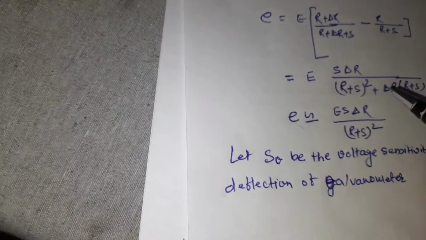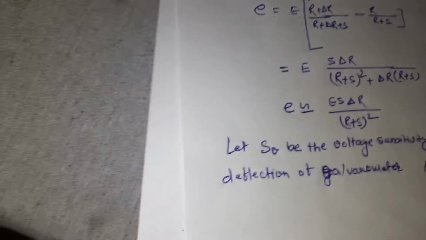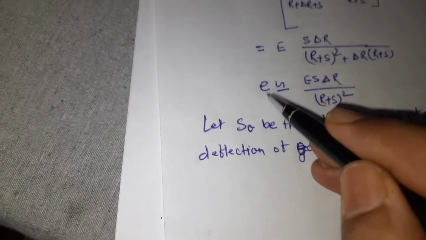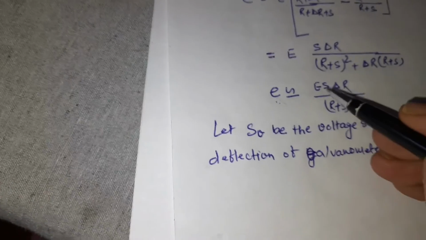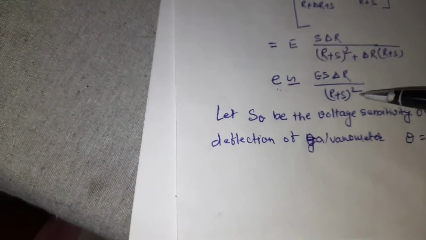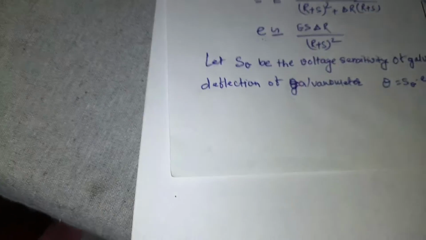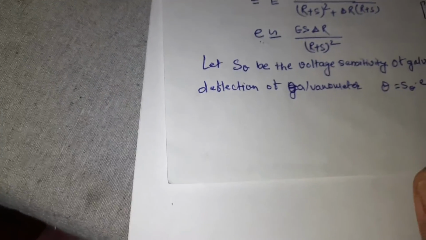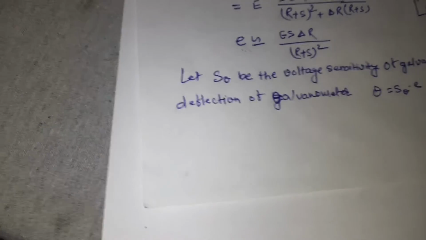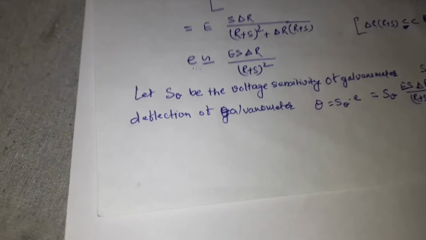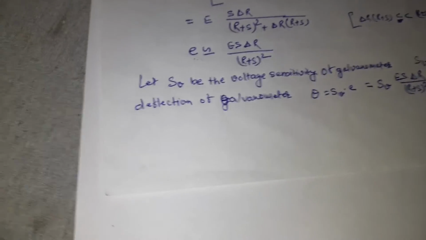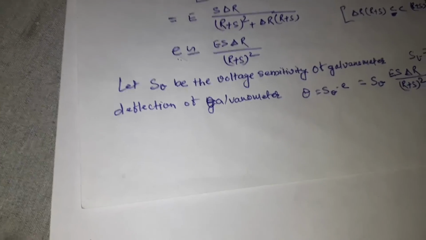In this way we calculate the EMF across the galvanometer terminal, which is approximately equal to E into S del R by R plus S whole squared. Let SB be the voltage sensitivity of the galvanometer. Voltage sensitivity means how sensitive the galvanometer is, that is, the change in deflection by the change in EMF.